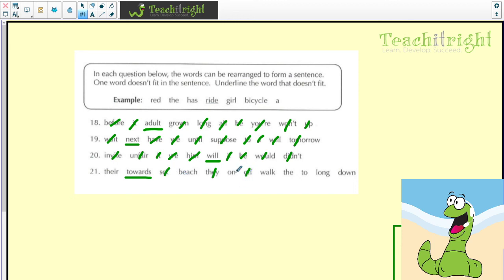Where did they set off? On their long walk down to the beach. So they set off on their long walk down to the beach. So towards was the word that we didn't need there. So hopefully you managed to get most of those correct.